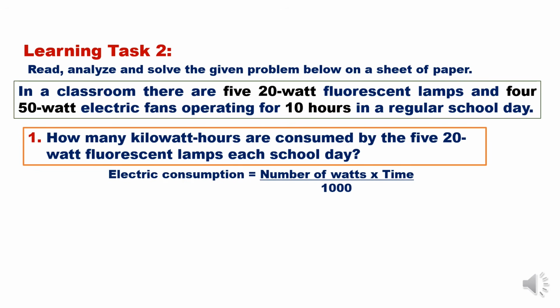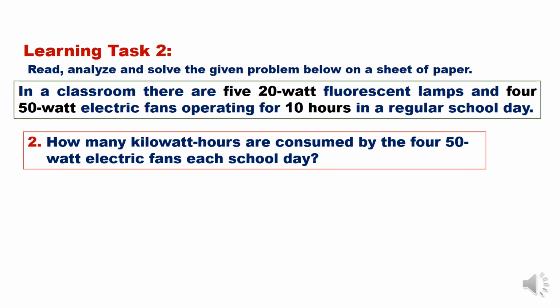Use this formula for finding electric consumption. Electric consumption equals number of watts times time divided by 1,000. So 20 watts times 5 hours divided by 1,000. 20 times 5 equals 100 divided by 1,000 equals 0.1 kilowatt hour.